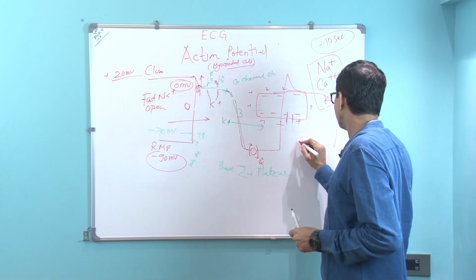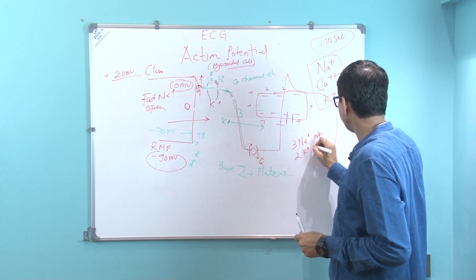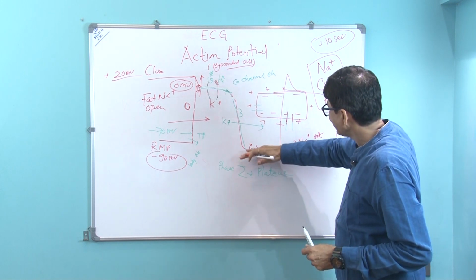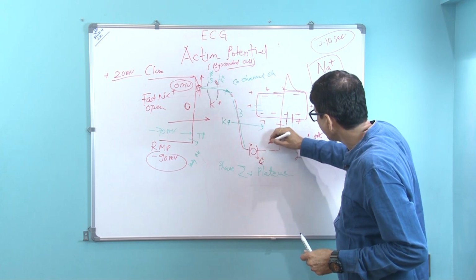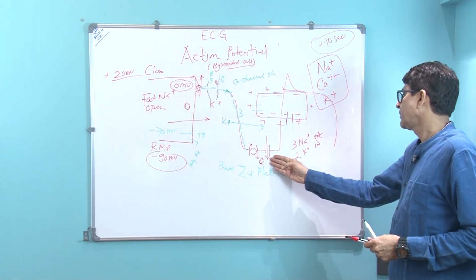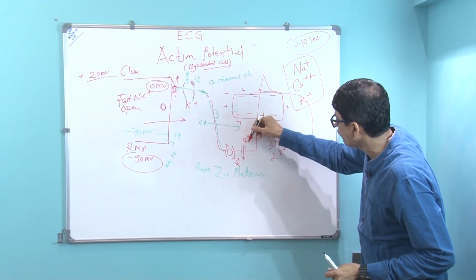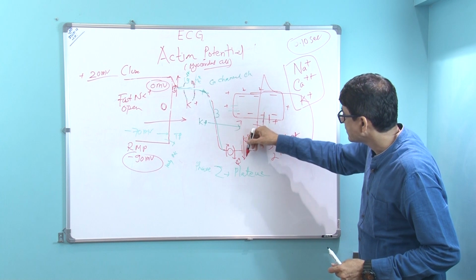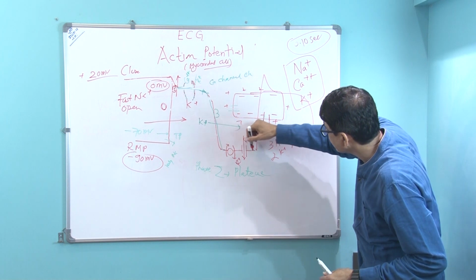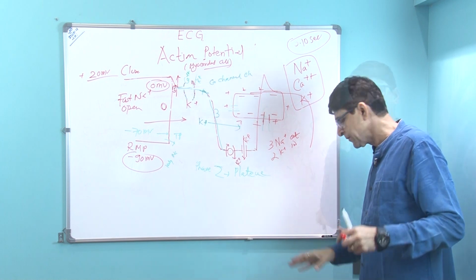This is known as 3 sodium out and 2 potassium in. This maintains the electronegativity. And one more thing, there are potassium-only channels from where potassium comes inside. This maintains the resting membrane potential of minus 90 millivolt.